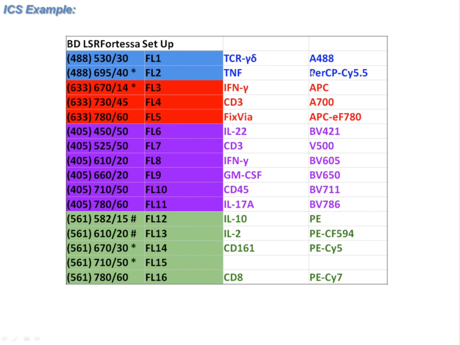We have a number of surface markers, a number of intracellular markers, and I've listed their conjugated fluorochromes. If you are doing a panel, working out and having a plan like this will help. You can see the setup of the cytometer, which detector each fluorochrome is on, and what the antibody for that fluorochrome is.